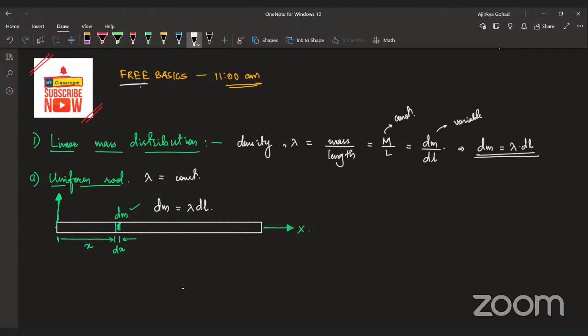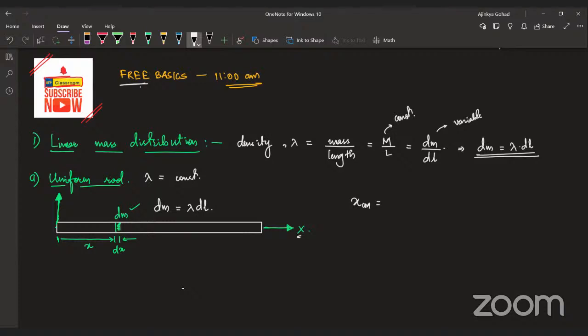Now, this entire rod is along the x-axis. So obviously the position of the center of mass, xcm, will be along the x-axis only, because there is no mass placed on the y-axis.